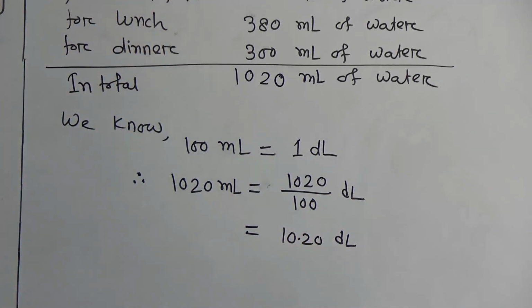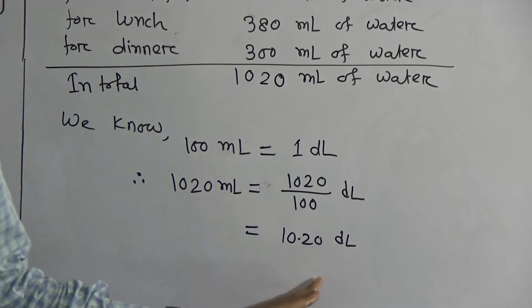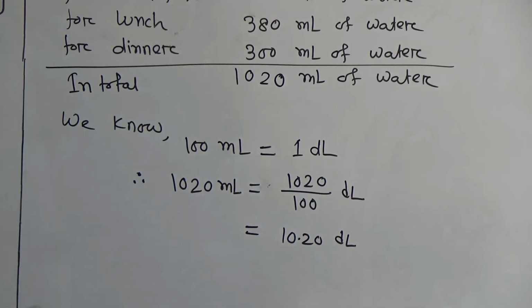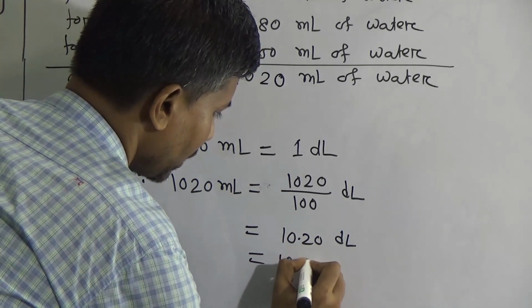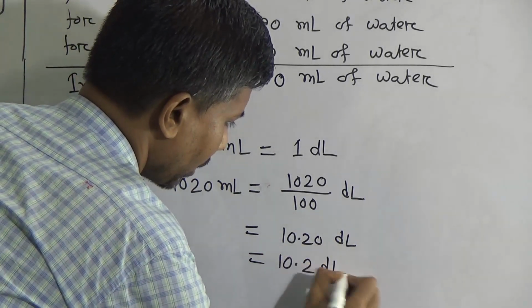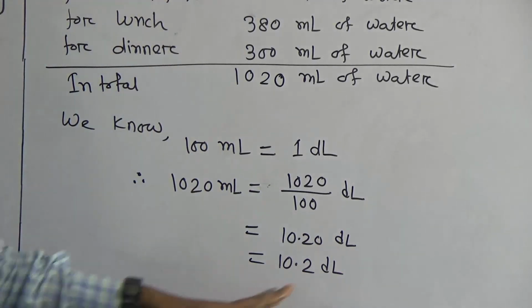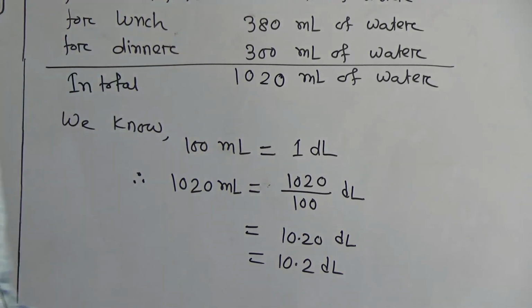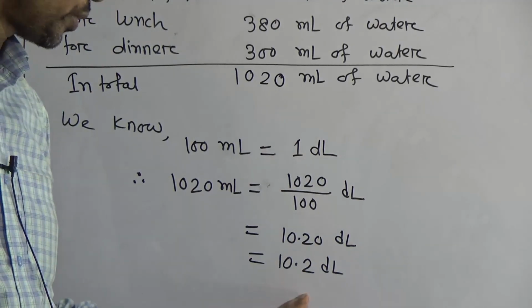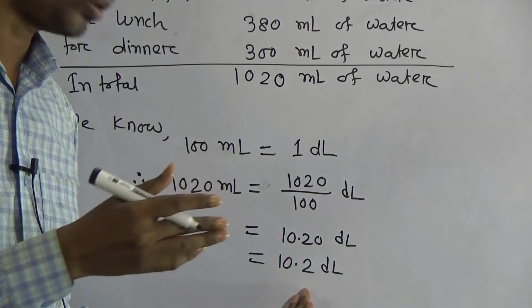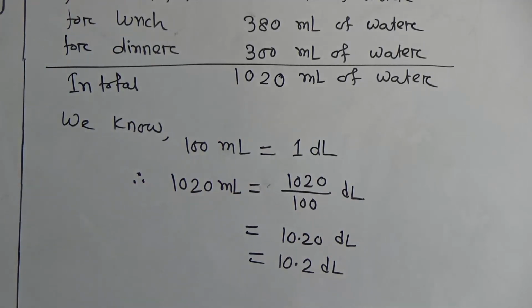That means we got 10.20 deciliter, or this can be written 10.2 deciliter. Okay, 0.2 deciliter. 0.2 means what? By default 20 deciliter. Now we have to convert milliliter to liter.